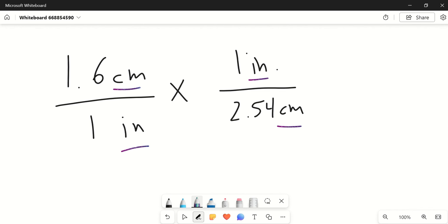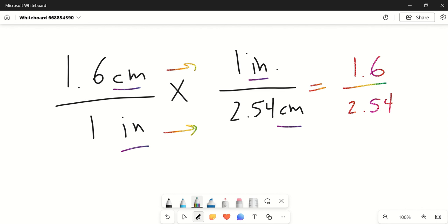So we're going to multiply across. This would become 1.6, and this becomes 2.54.